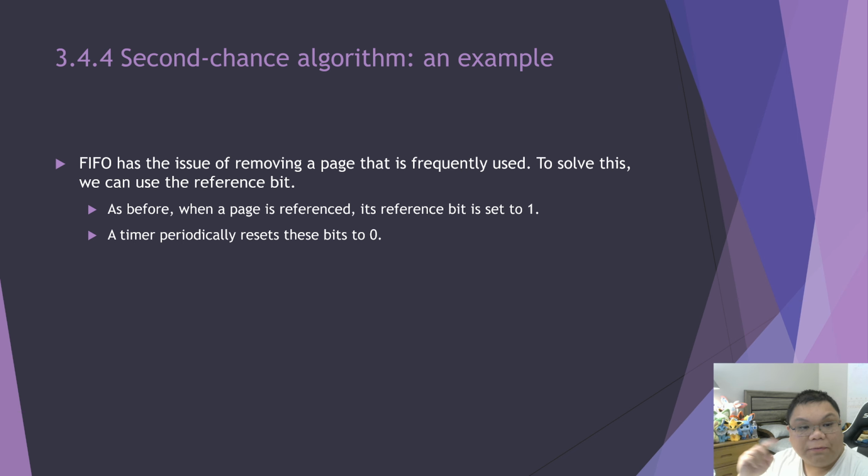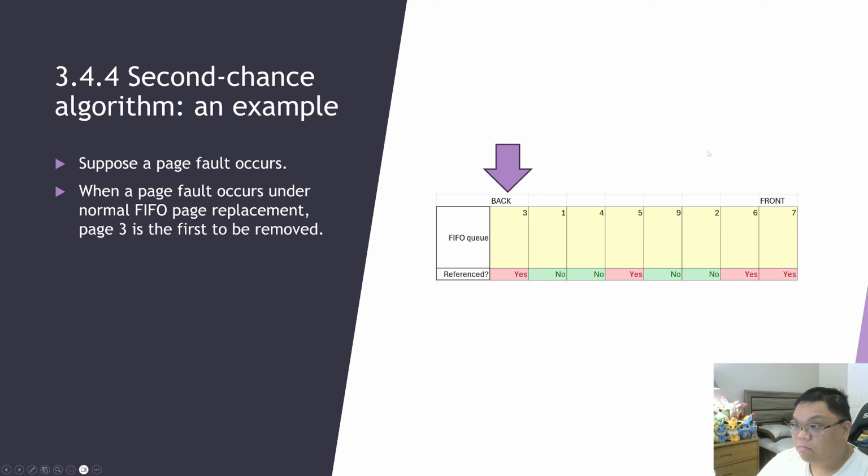And that is the issue with FIFO, and we can fix it as follows. We use the reference bit. As before, when a page is referenced, its reference bit is set to 1, and a timer periodically resets these bits to 0. So this algorithm is a modification of FIFO.